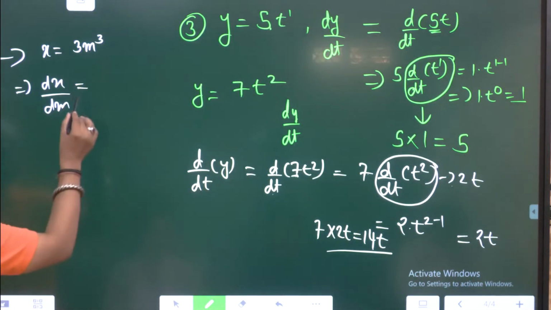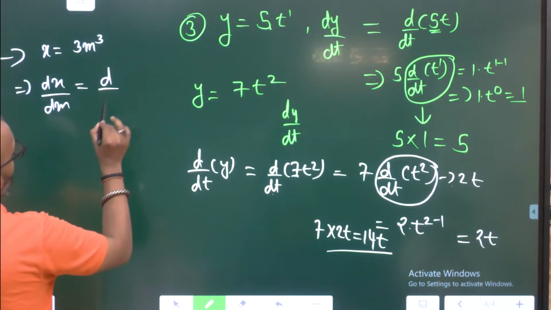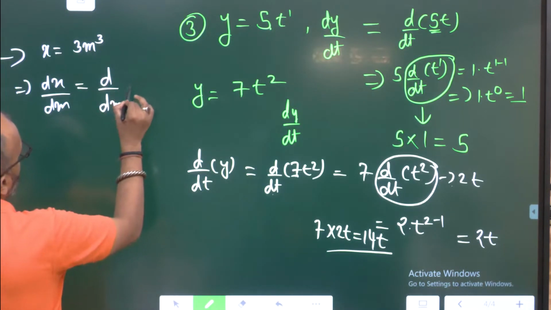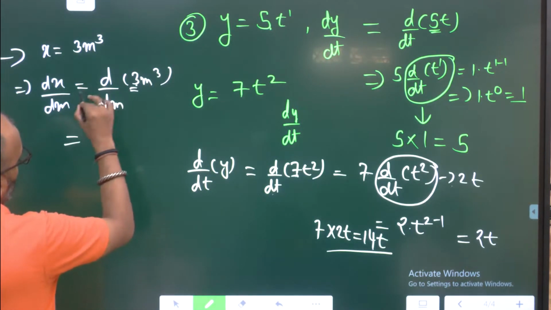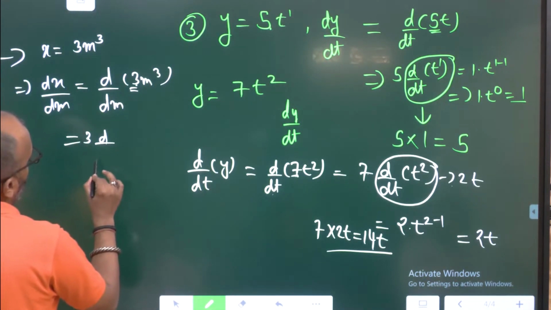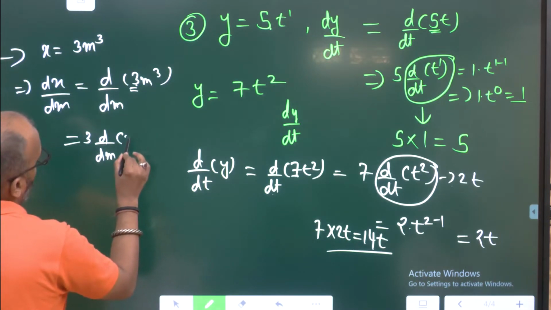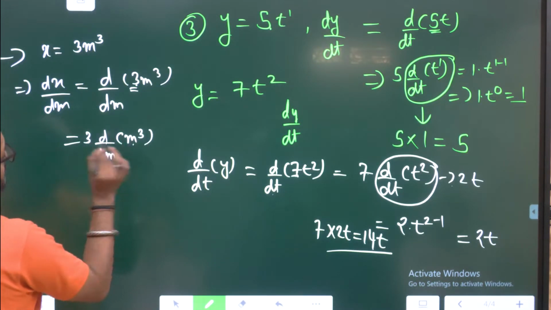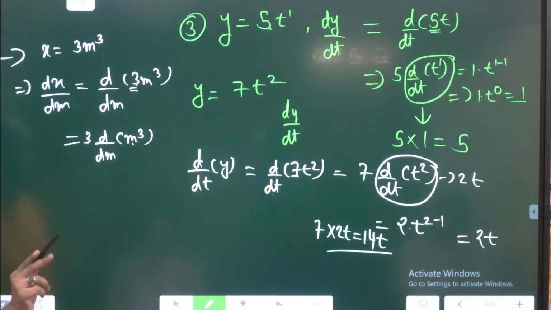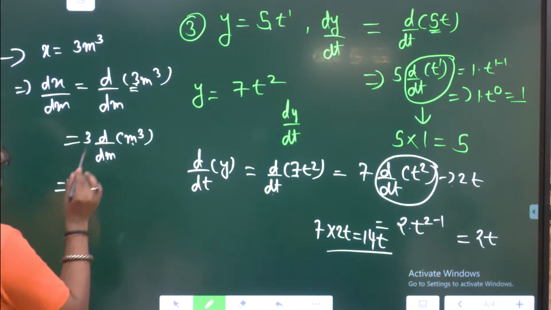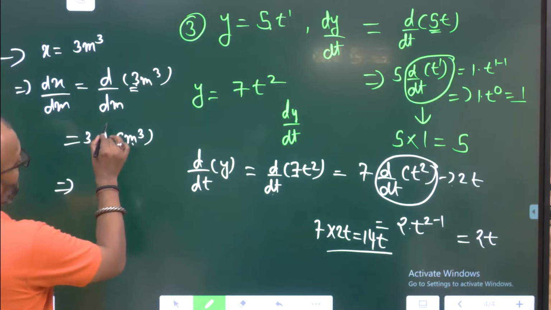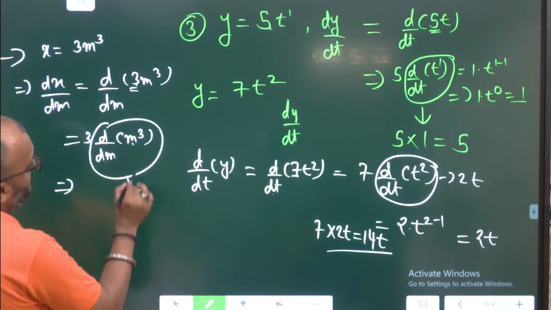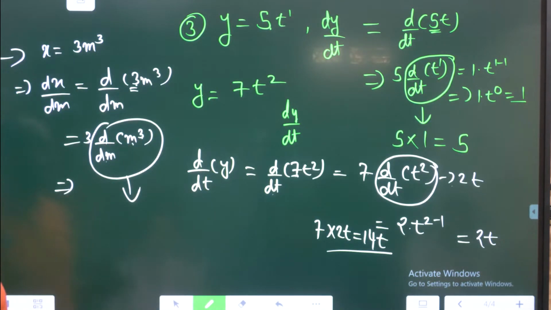I am solving it. Please see. So again, d by dm of x, that is 3m cube. 3 is a constant. It will come outside the differentiation. So d by dm of m cube. Now m is the variable and you are differentiating with respect to m only, yes or no? So the same formula, t to the power n, will be applied. What was the first step?